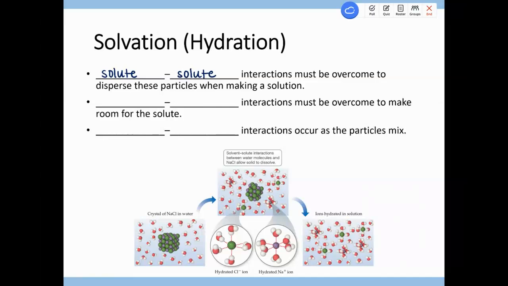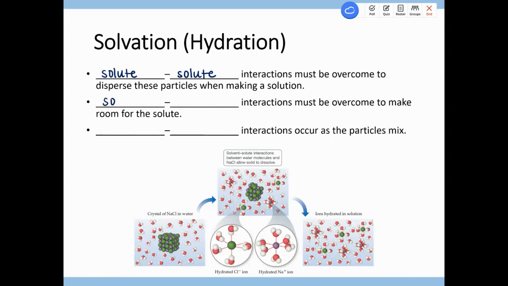So the solid sodium chloride, imagine this as one grain of salt. The ionic bonds between sodium and chlorine, the cation and the anion, have to break. So water will come in and take off an anion or take off a cation, and that causes it to be solvated. But first, those solute-solute interactions have to be overcome.